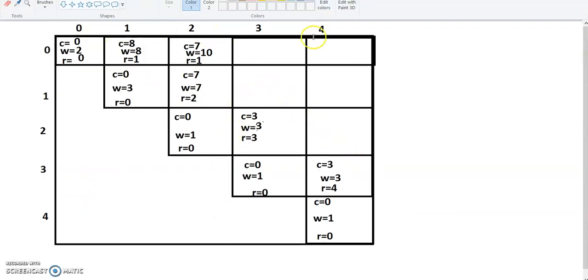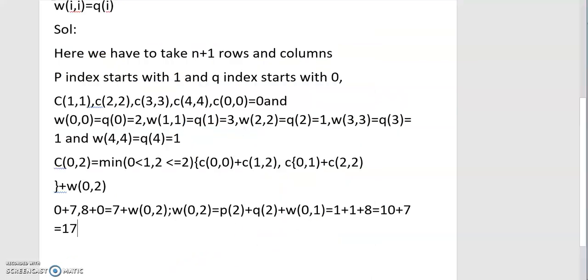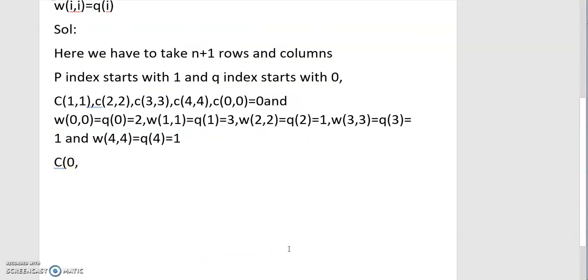Now we'll see 0 comma 3. That means the minimum over K where K is less than or equal to the J value, which is 3. So the K values are 1, 2 and 3, since 3 is less than or equal to 3.